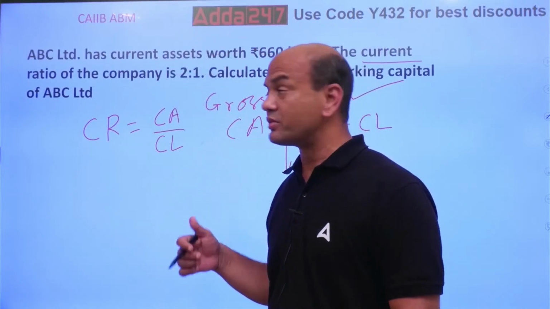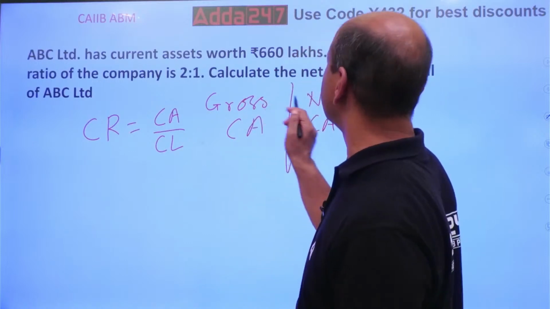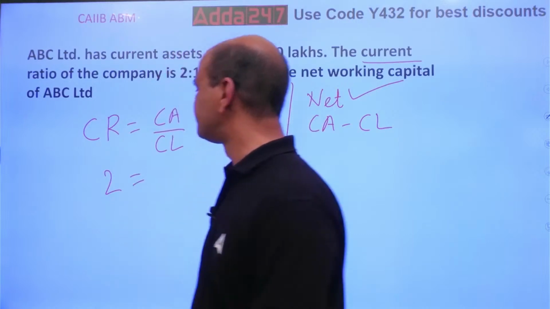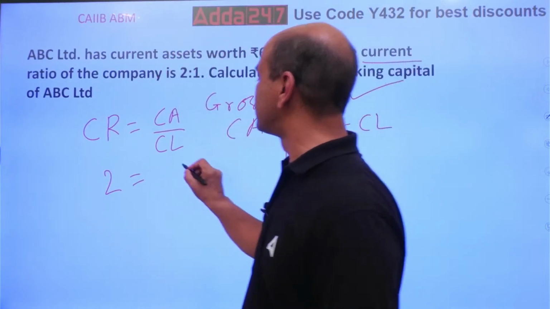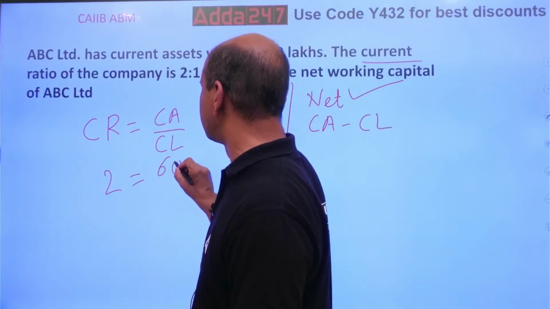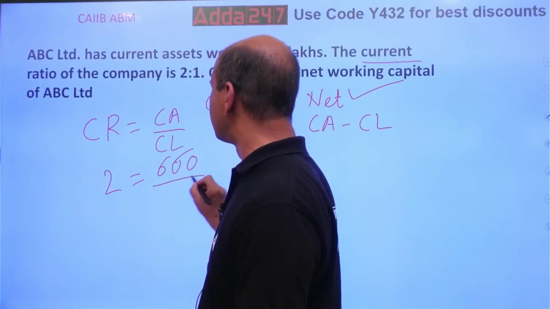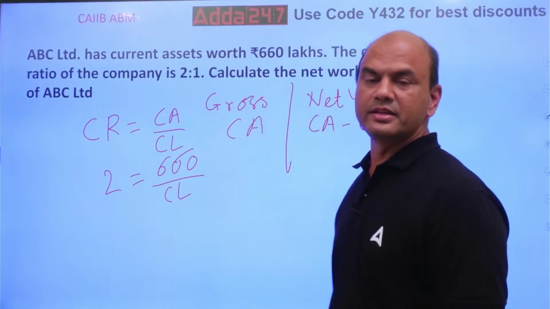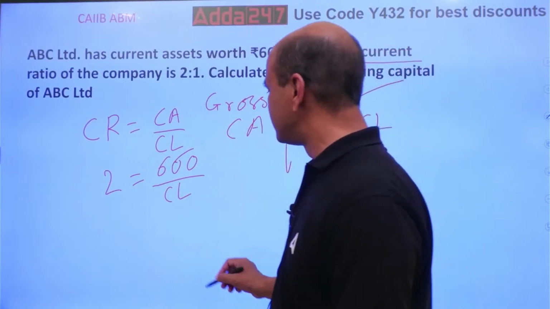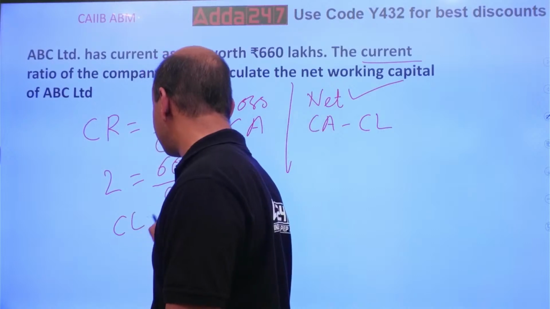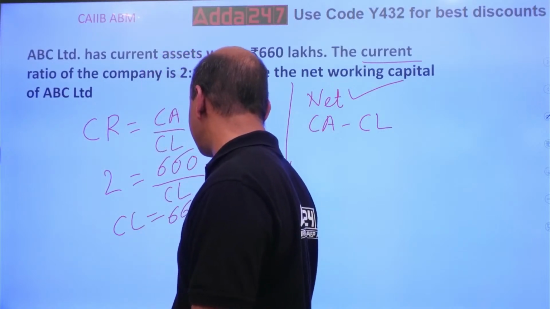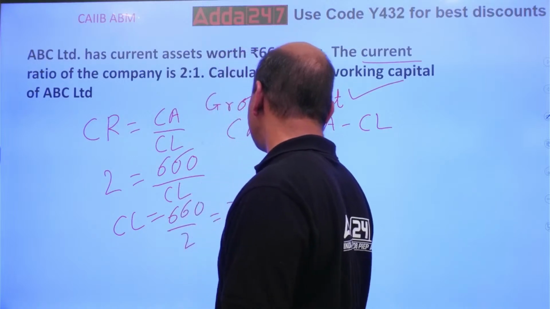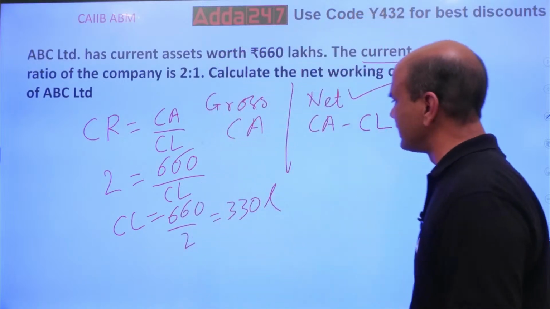Now you know this. What is given? Current ratio of the company is given as 2:1. So take it 2 directly. And current assets are given 660 lakhs. So you want current liabilities, CL. CL equals to 660 divided by 2, that is equal to 330 lakhs.